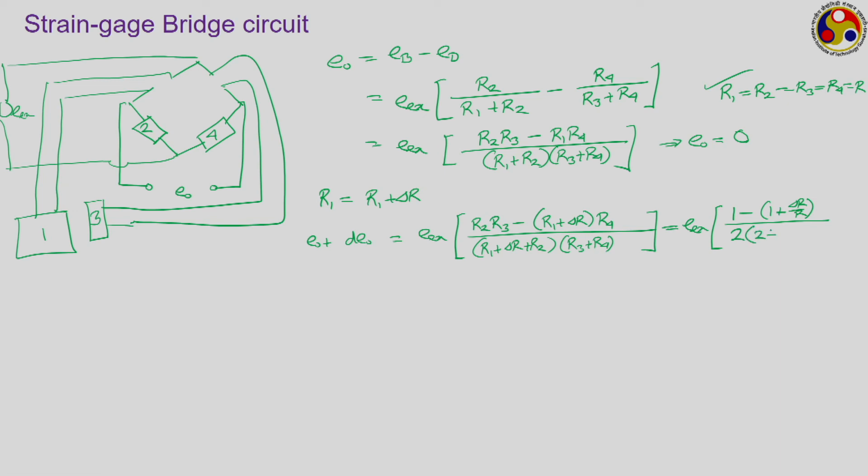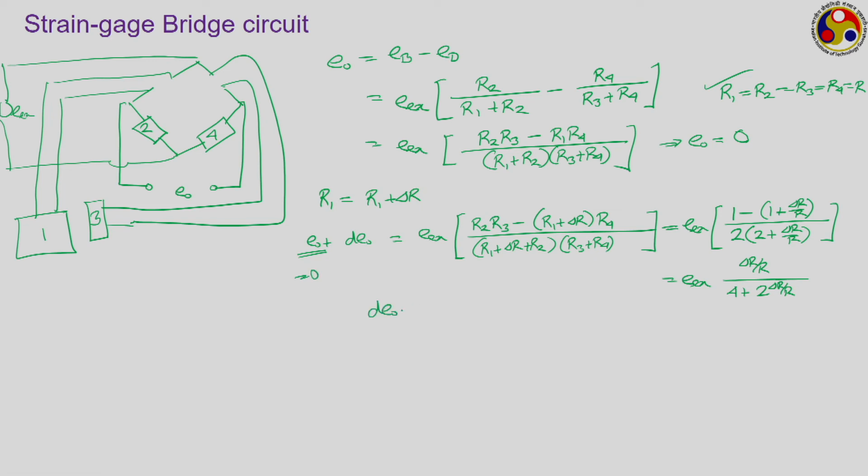So, you will be having 2 plus delta R by R, Ex. So, you have delta R upon R divided by 4 plus 2 into delta R by R. You have to remember that initially this one was equal to 0.